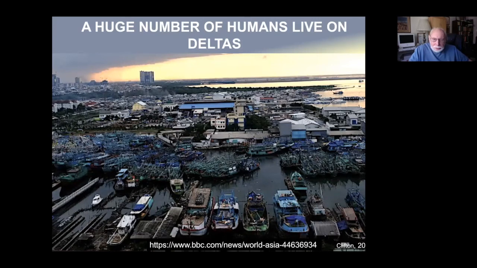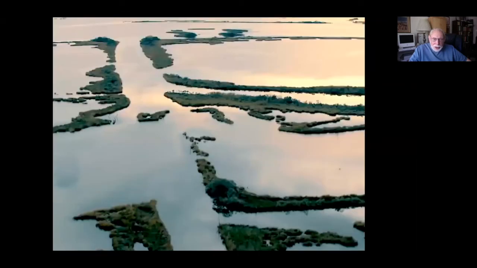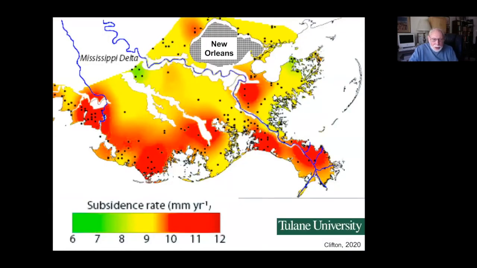There are harbors, natural seaports, and so there are just an awful lot of folks that live there. And deltas naturally sink under their own weight. And so with time, it would go from this to perhaps even complete inundation.